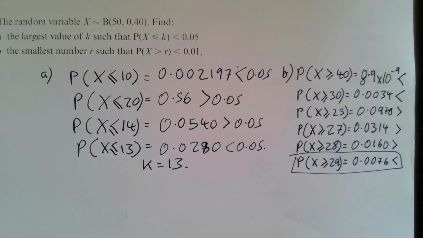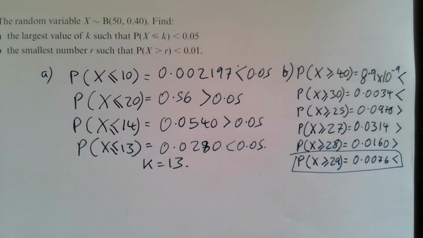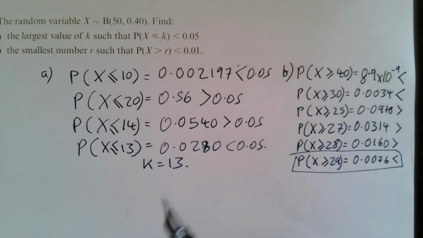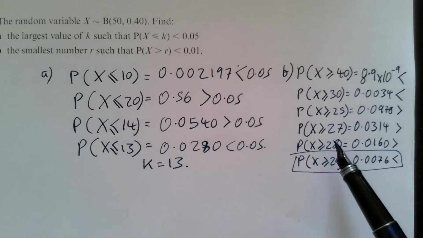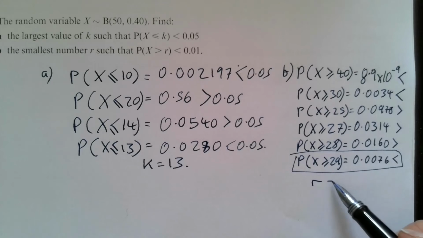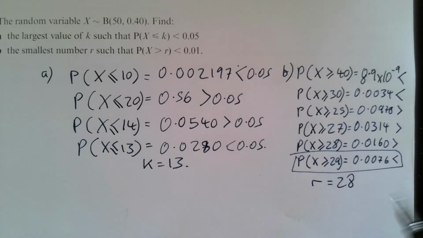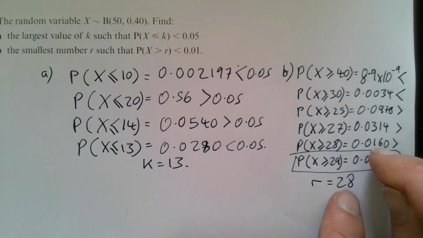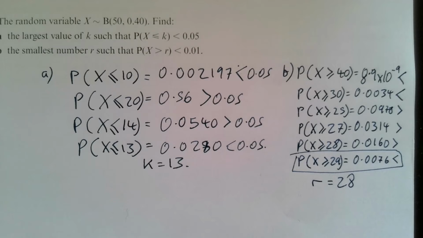Hope that makes sense. And that's because it's saying that it's bigger than. 28 is not acceptable, 29 is, but because r is going to be smaller than that, that's the first number that is acceptable, if that makes sense. So r is 28, because 28 is not actually valid, but it's the biggest one that doesn't work. 29 does work.